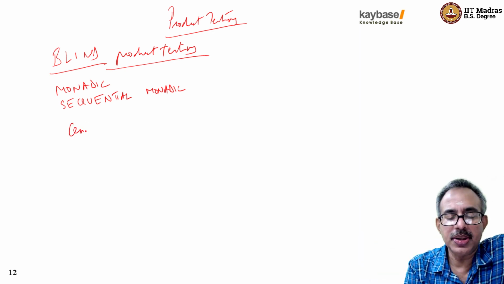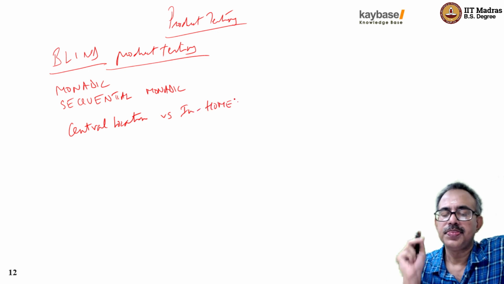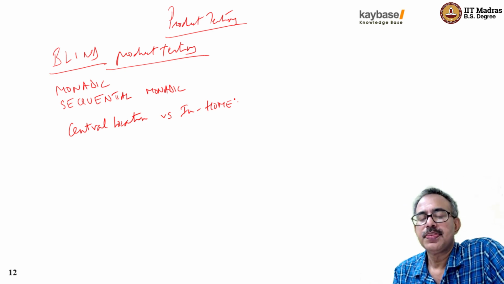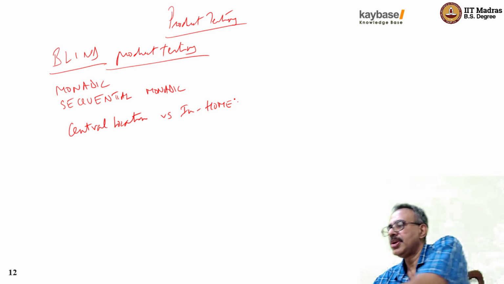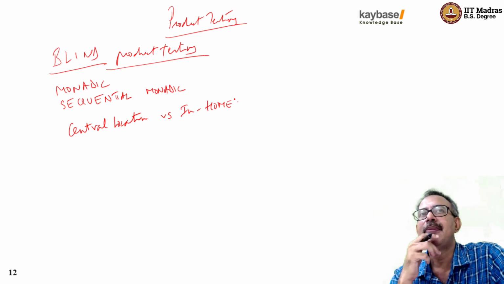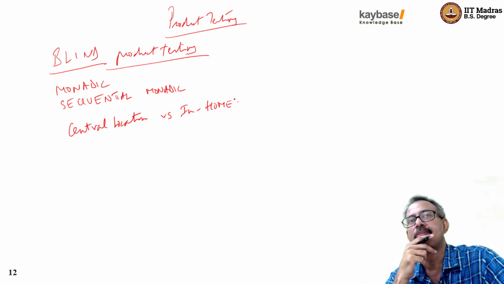Then there are 2 other terms. That is central location test. Central location versus in-home. Can you tell me what this may be? This you can guess. Central location versus in-home. Want me to turn this for you? Yes, you have to use this, please.